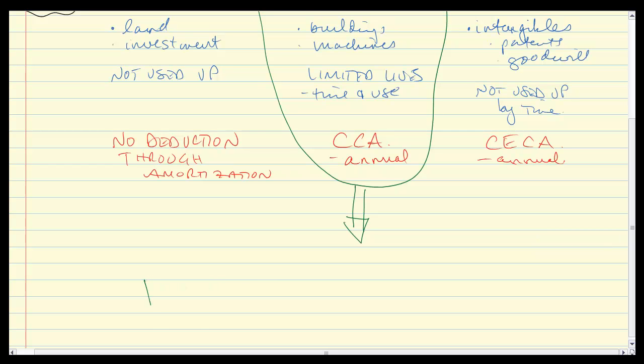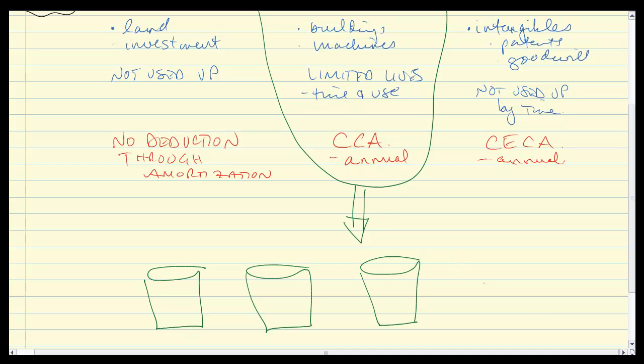And what these do is these feed down into another whole series of buckets. So I'm not going to draw all the buckets because there's a whole lot of them. But the buckets are called classes. So we have class 1, class 8, class 10, etc.